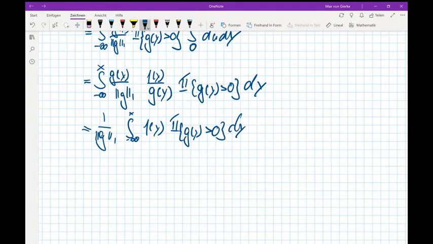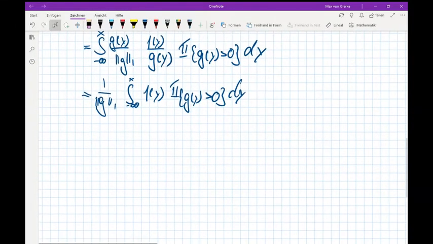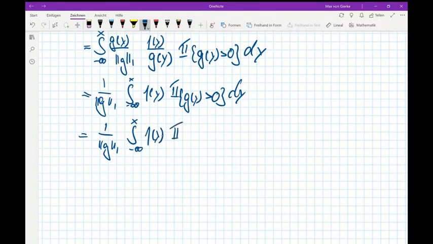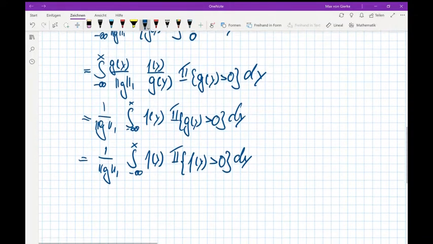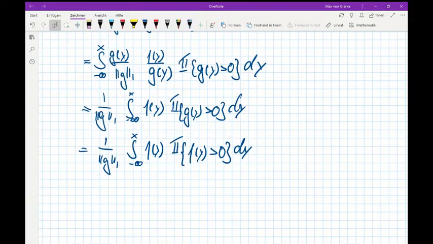Okay, and now we do another trick. We have this f here, and now we make this g into an f. Yeah, why can I do that? It's basically the same reason why I introduced this indicator function. Because if this is true, then f is smaller or equal than g, and yeah, so this holds.